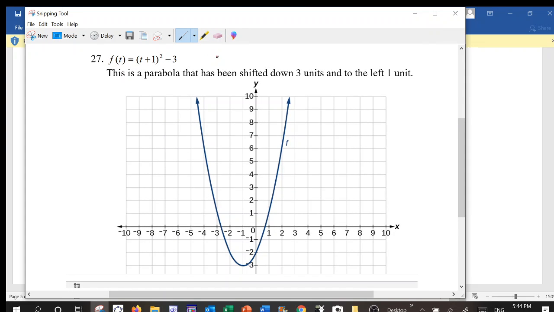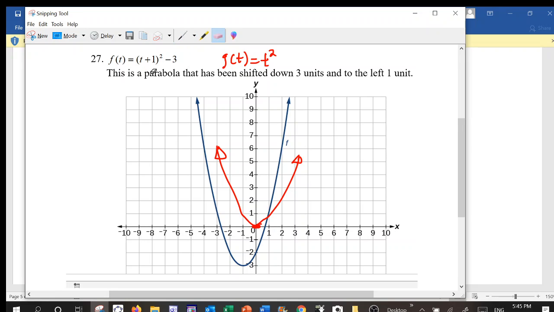But what I'm going to do, I'm going to first put, let's say we have g of t, the original graph, which is t squared, right? That's the parent function. So t squared is over here, kind of like that.